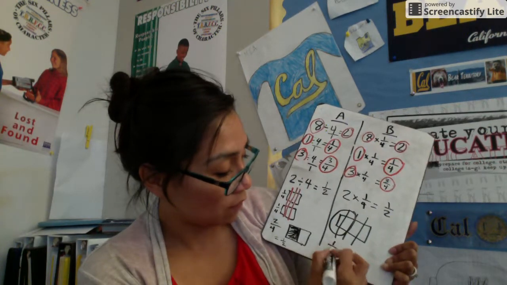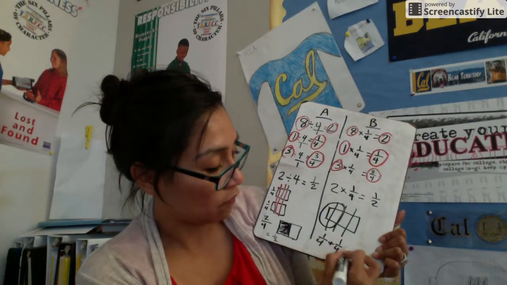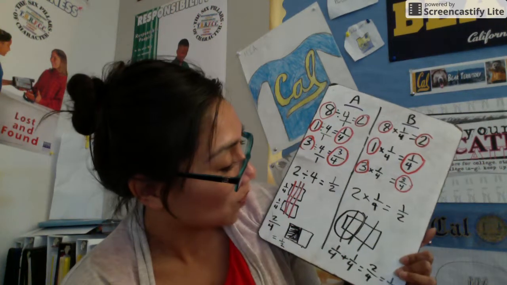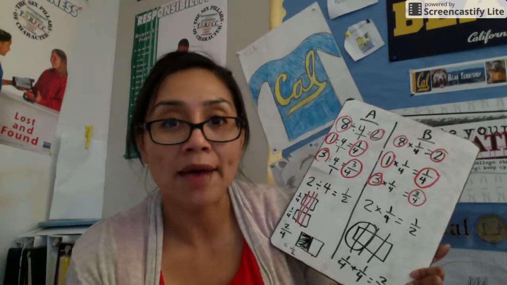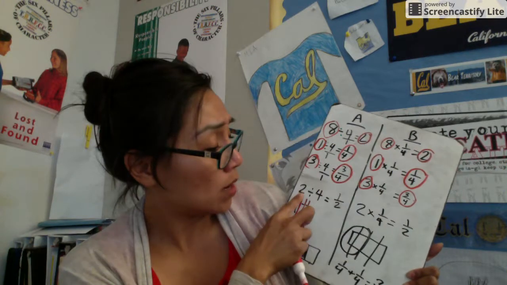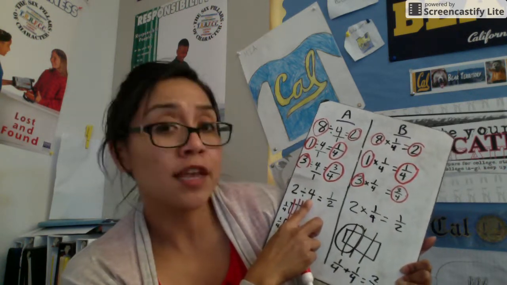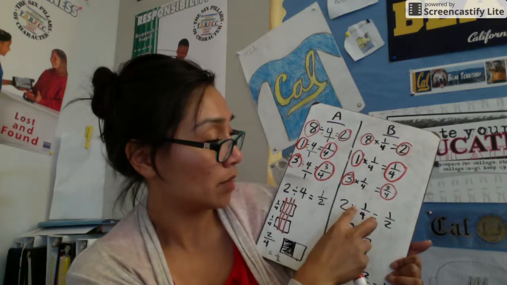How much is that going to be? Well, 1/4 plus 1/4 is equal to 2/4, which we already said was equal to a half. It does equal a half. I kind of feel like there's a pattern that whatever number I have, if I divide by a number, it would be the same answer as taking that same number but multiplying by its reciprocal. Let's test that theory out.